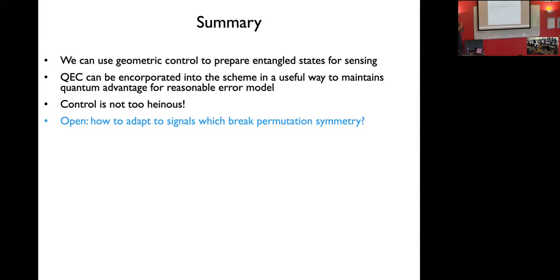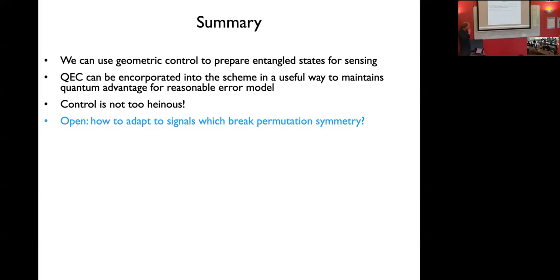But there are several open questions. One is, how can we adapt this sensing protocol to cases where the permutation symmetry is broken, so where your signal may not be acting the same on all the qubits. And the other open question is, can we find a fault-tolerant way to do code switching from stabilizer codes to permutation invariant codes and back?